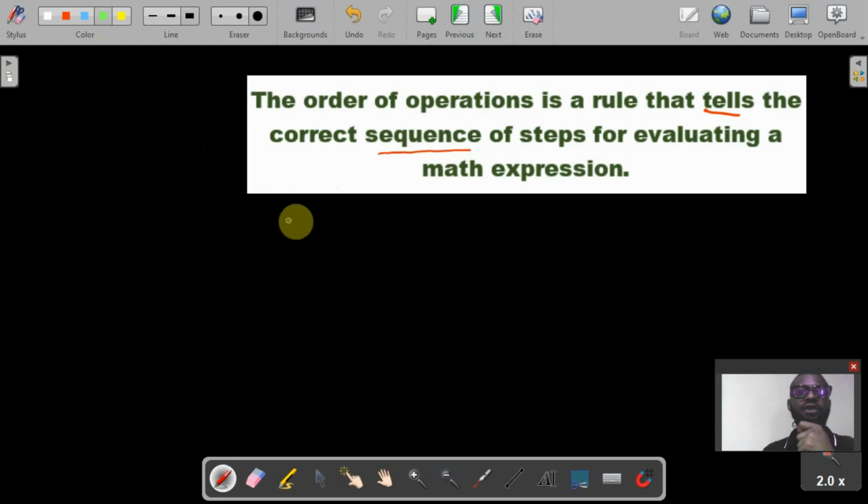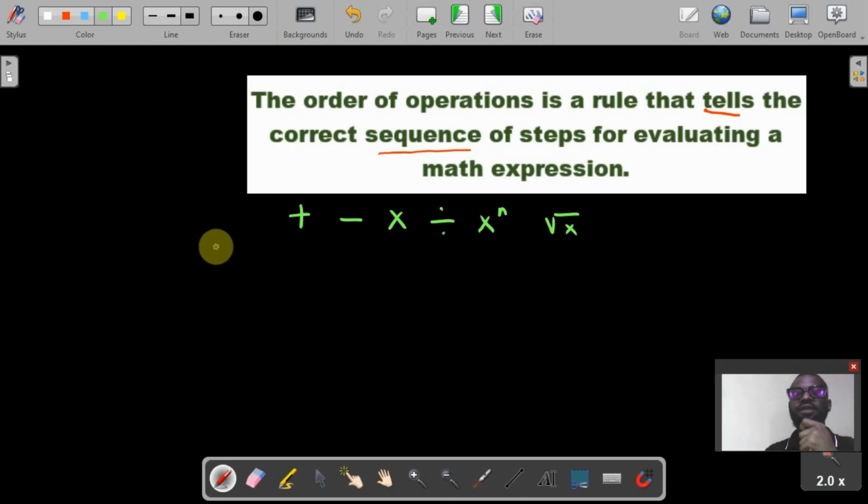In mathematics, recall that we have addition, subtraction, multiplication, and division. We also have the power, and we also have the roots.